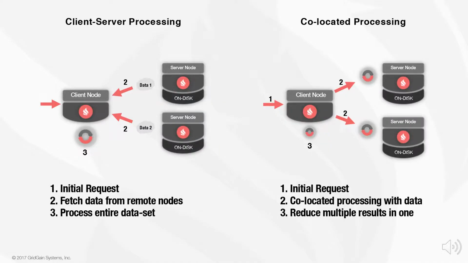The most obvious example of that is collocated processing. It's fairly straightforward. Collocated processing means that instead of fetching the data to the processing node where the processing happens, you move the processing to the data, to the server nodes where the data is stored. You can think of it as an alternative to the traditional client-server approach, where you would go to all the nodes, gather certain subsets of data, move them to the processing node, do some processing, and then probably update something back.